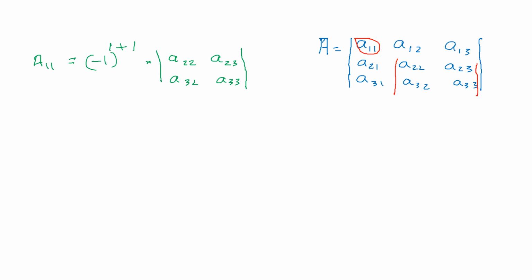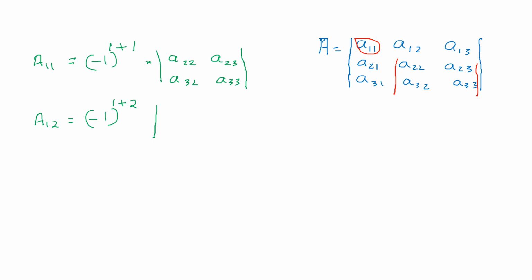Now if you want to find the next one, that is A12, how to do this? Now I is 1, j is 2 here. So minus 1 to the power 1 plus 2 into its minor.